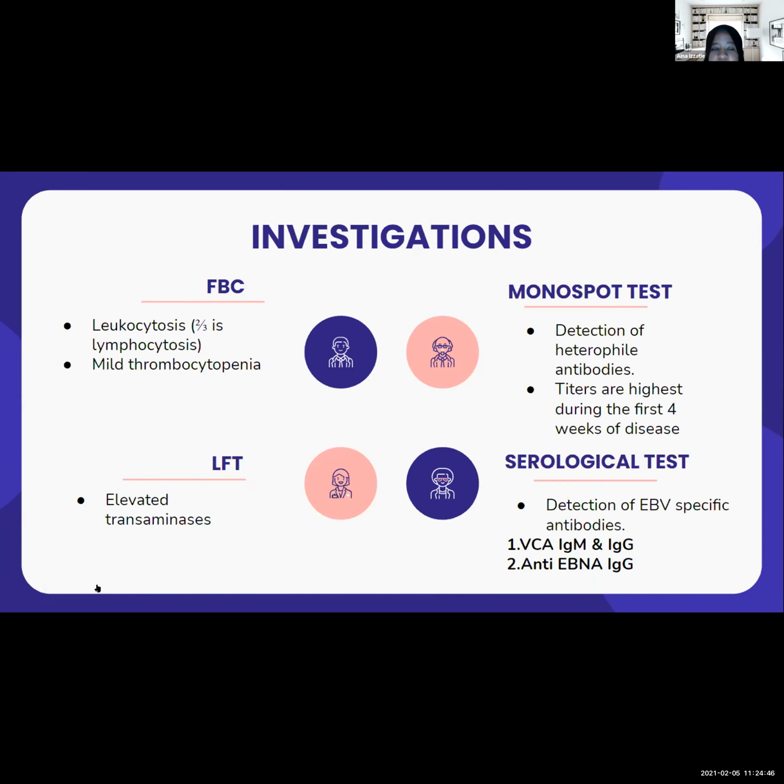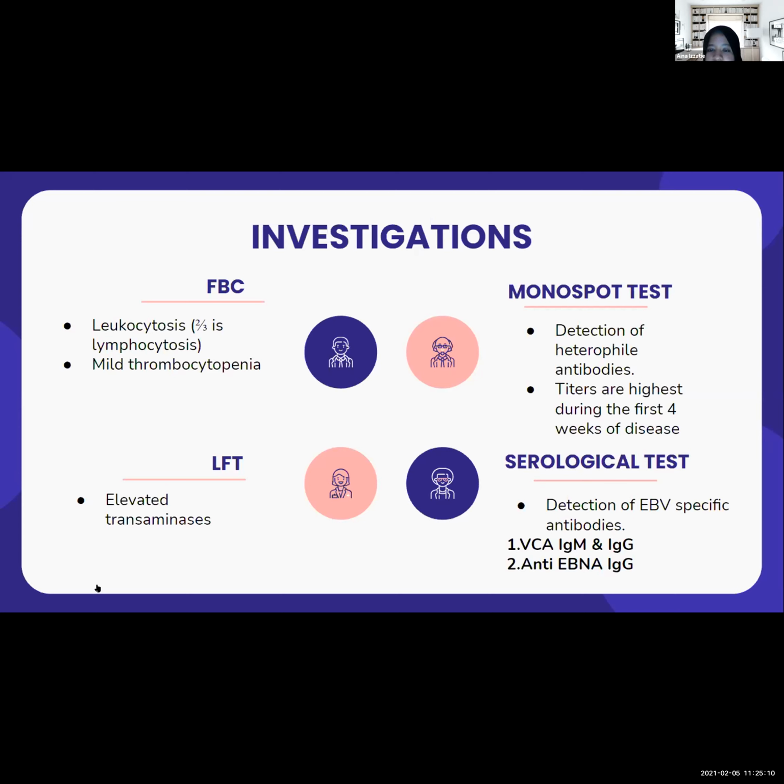And liver function tests can show elevated transaminase. And for the monospot test, we use it to detect heterophile antibodies, which are highest during the first 4 weeks of disease. If the test is positive in a patient with classical symptoms and signs of infectious mononucleosis, this will strongly support the diagnosis of the disease.